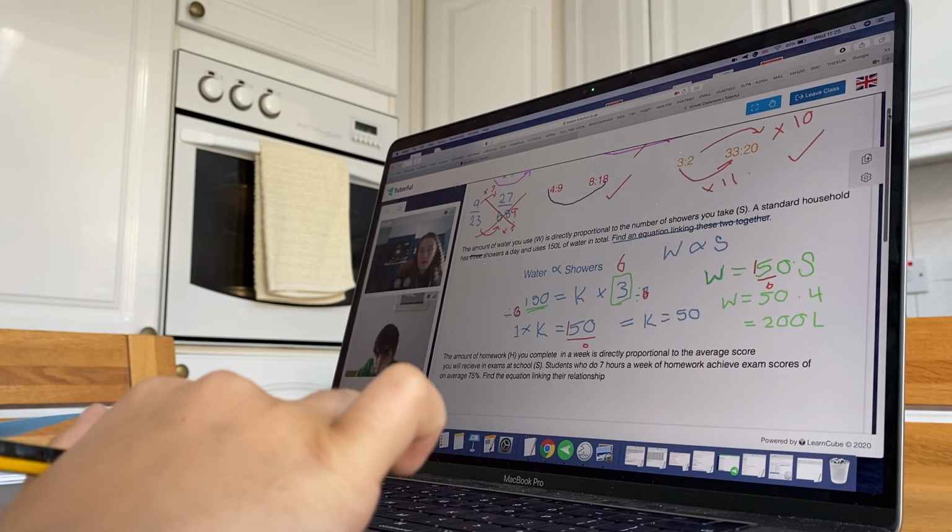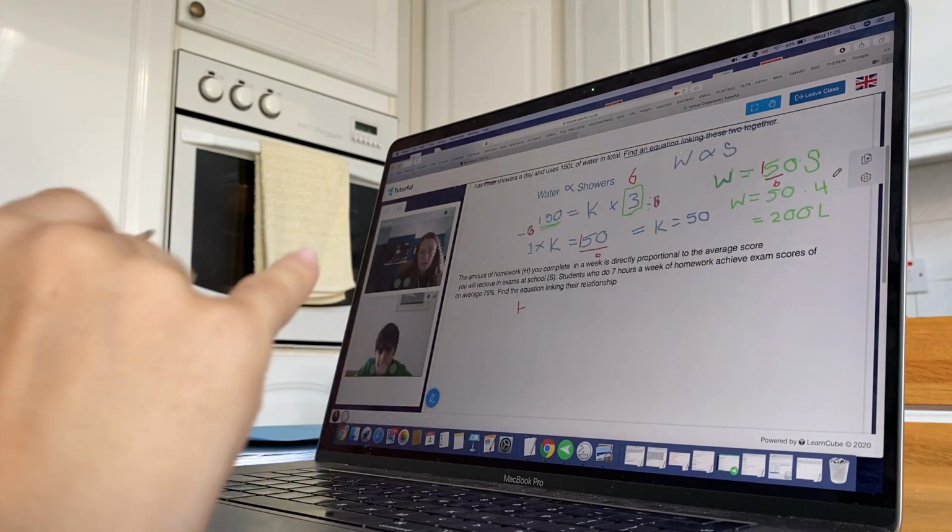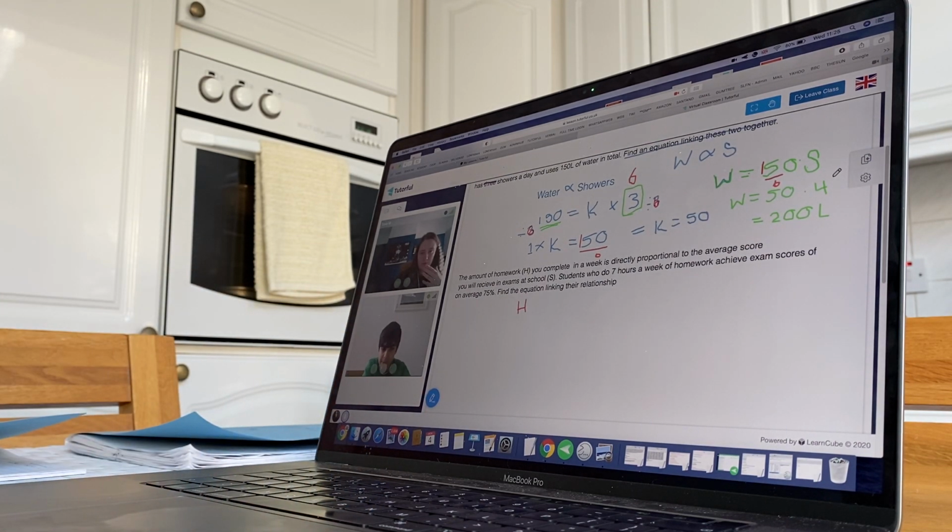The amount of homework you complete, H, in a week is directly proportional to the average score you will receive in exams at school. Students who do 7 hours a week of homework achieve exam scores of an average 75%. Find the equation linking the relationship.